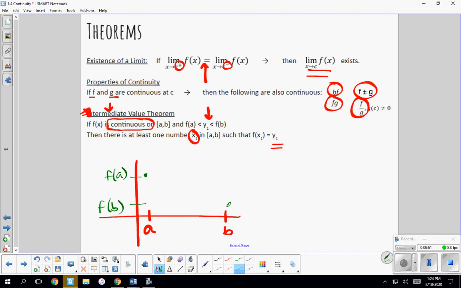If this is a continuous function, I have to be able to draw one point and totally connect it to the other. This theorem is saying when we have this situation, we have to be able to find x values somewhere in this interval that result in every single one of these y values. There's no way to get from here all the way down to here without hitting every single y value in the middle, and we'll look at an application of this.